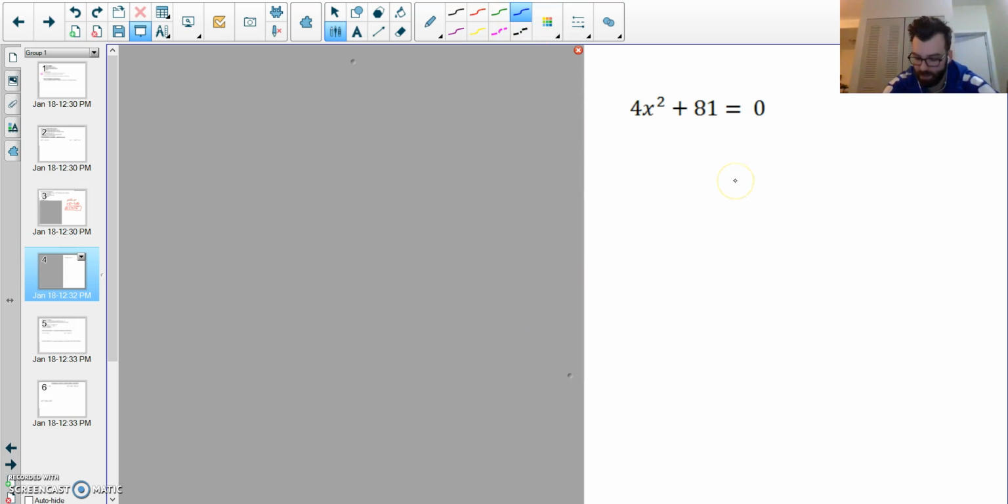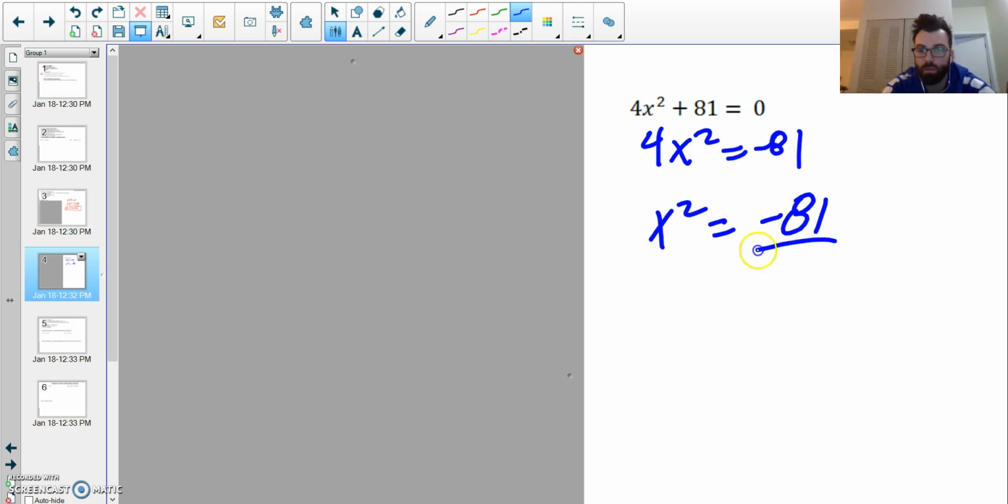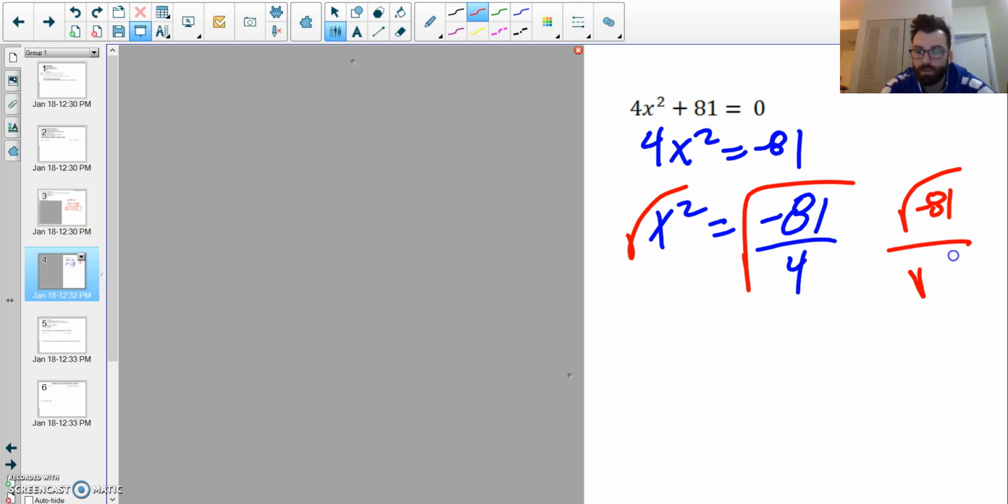In this one I need to isolate my squared term, so I have 4x squared equals negative 81. I still don't have the squared term by itself, as I have this 4 attached to it, so I have to divide by 4. Negative 81 over 4. Now square root both sides. Remember, when I take the square root of a fraction, that's the same thing as the square root of negative 81 over the square root of 4.